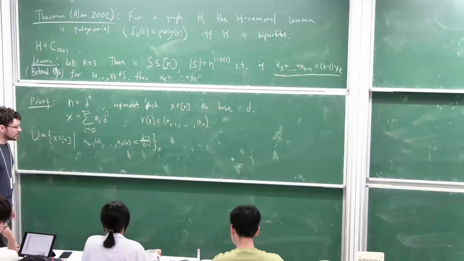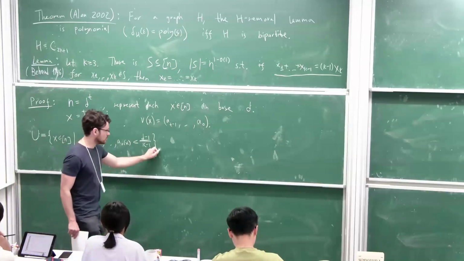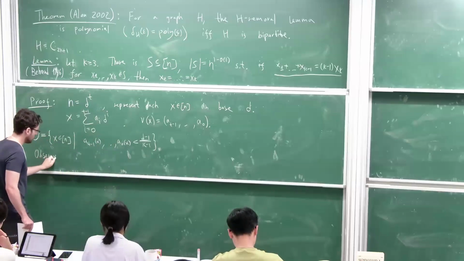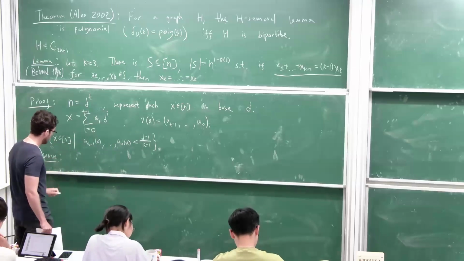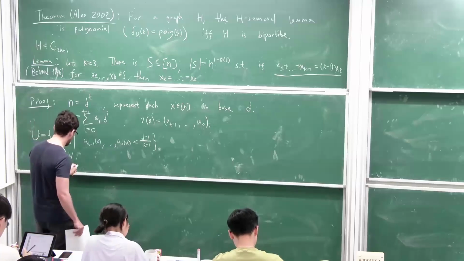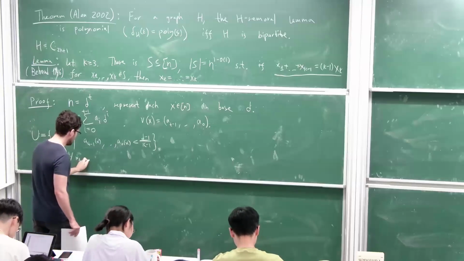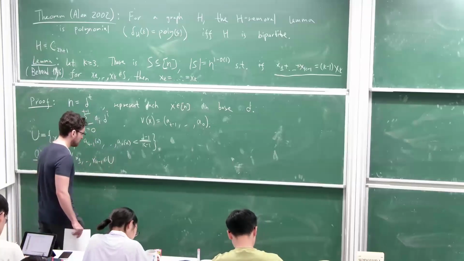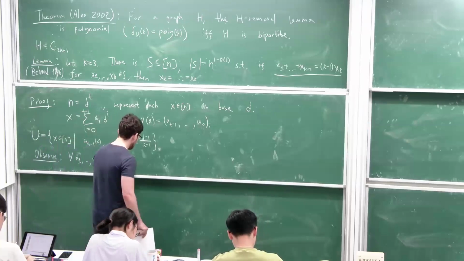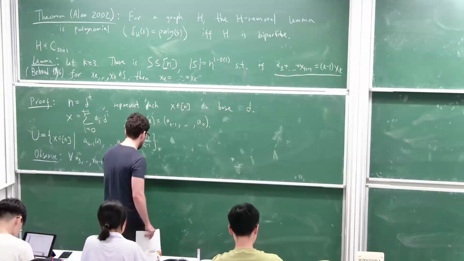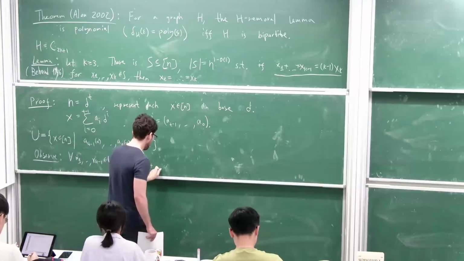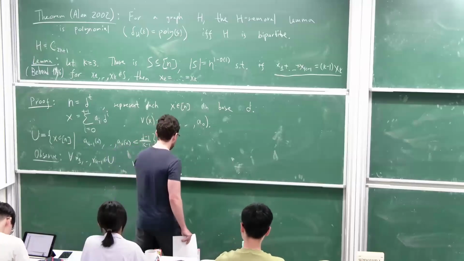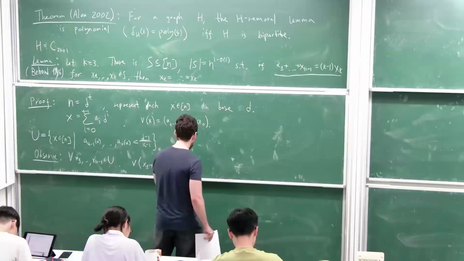So why do we want that? Because for every x1 up to x(k-1) in U, the vector of the sum of them is equal to the sum of the vectors.